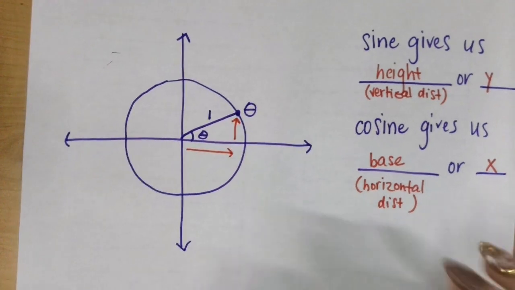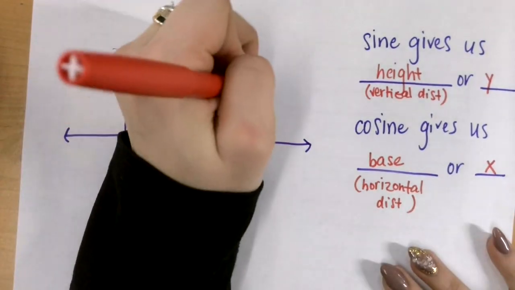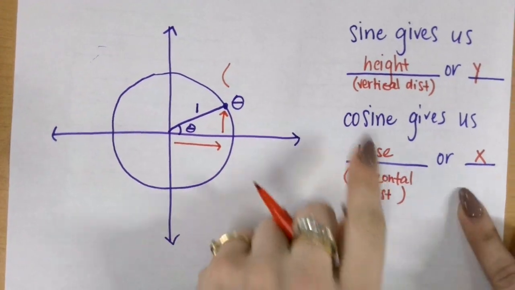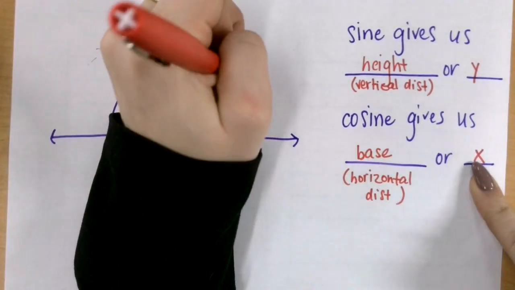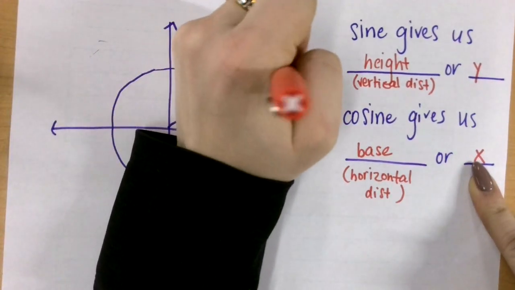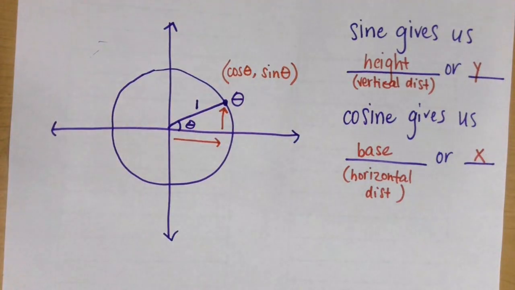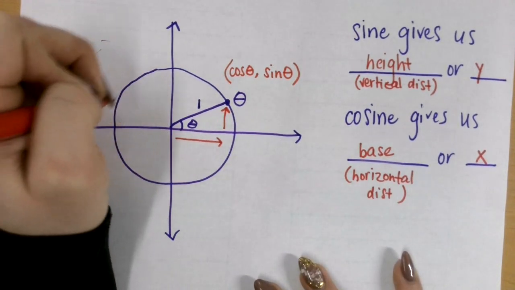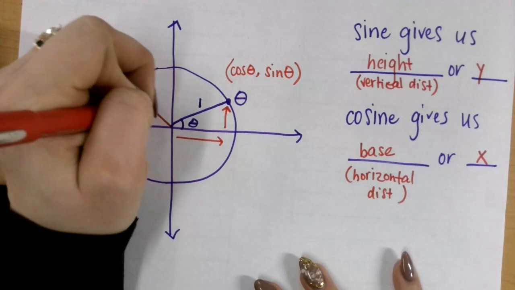So in general, we can now say that if I want to find the ordered pair of theta, I can simply do cosine to get my x, so cosine of theta, and sine of theta to find my y. So that will always be our general formula. So if I said, okay, I want the exact coordinate for 127 degrees, I could simply come over here. 127 would be over here.